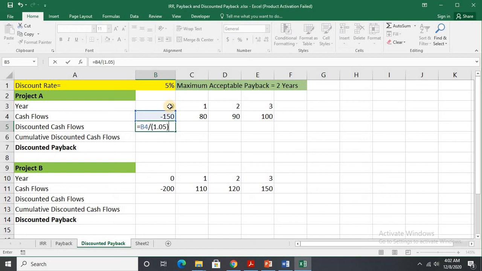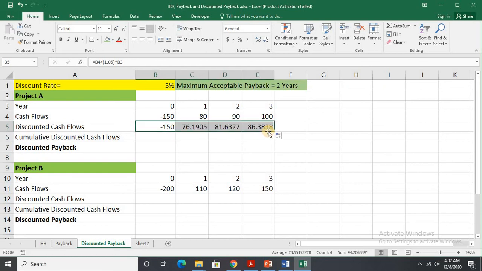Close your bracket, to the power your time, which is 0. Press enter. So that's minus 150. Now drag this, discounted cash flows for other years will be automatically calculated. We keep 2 digits after point. Now let's calculate the cumulative discounted cash flow.